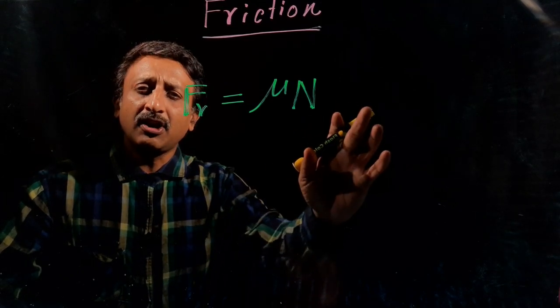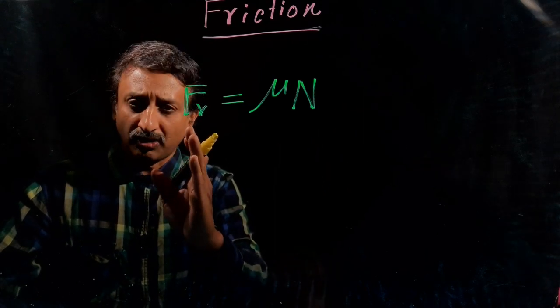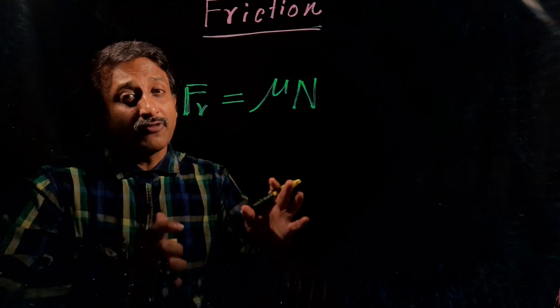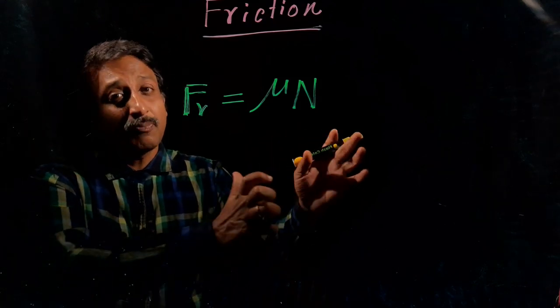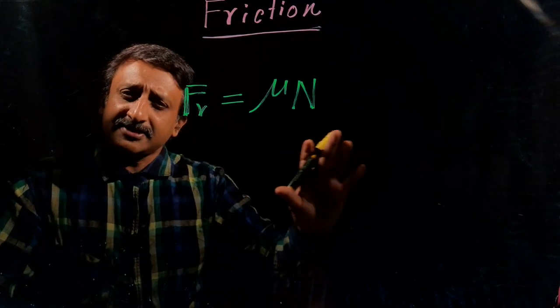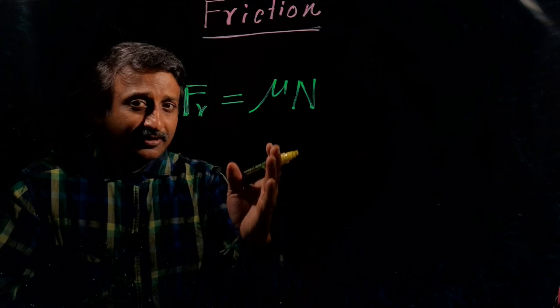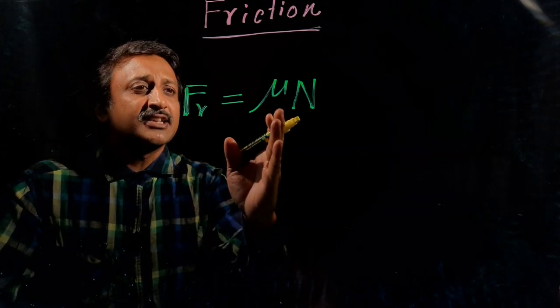If the weight of the object is more, then the frictional force is more, and you will need more force to push or pull it to make it move. If the weight is considered constant, then the other factor affecting the frictional force is mu.